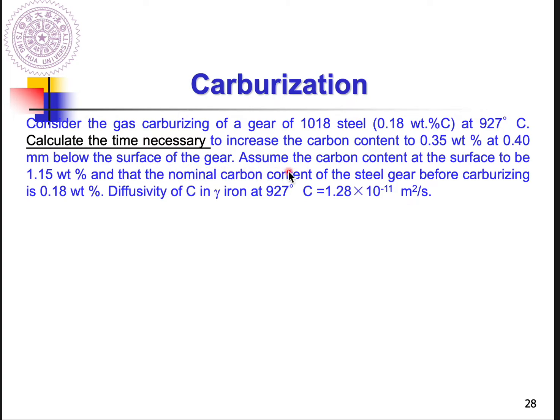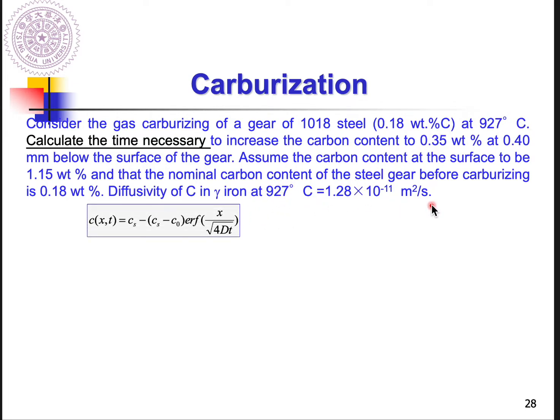We also assume the carbon content at the surface, CS, is equal to 1.15 weight percent. And the diffusivity of carbon in gamma iron at this temperature can be expressed like this.